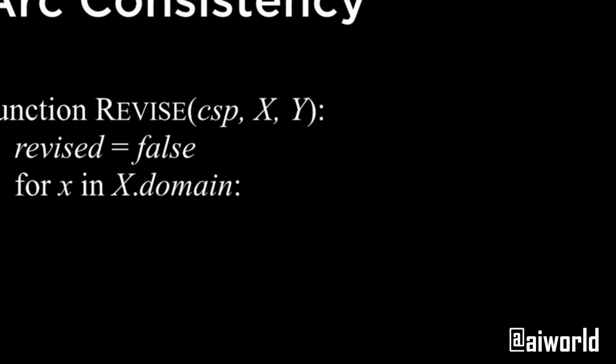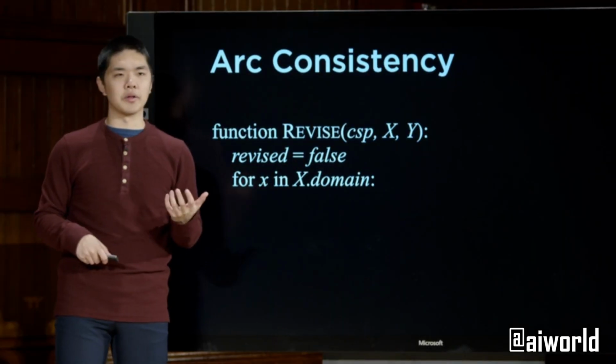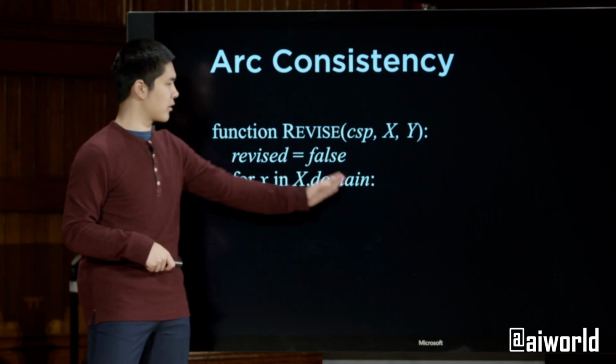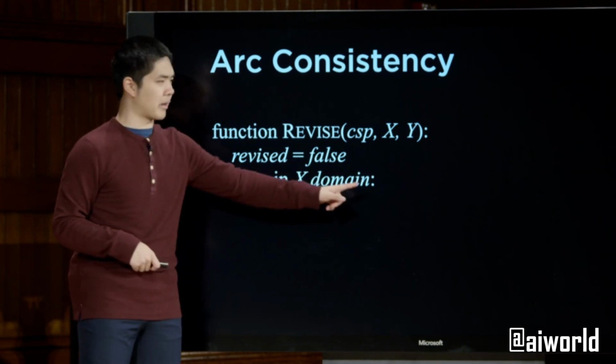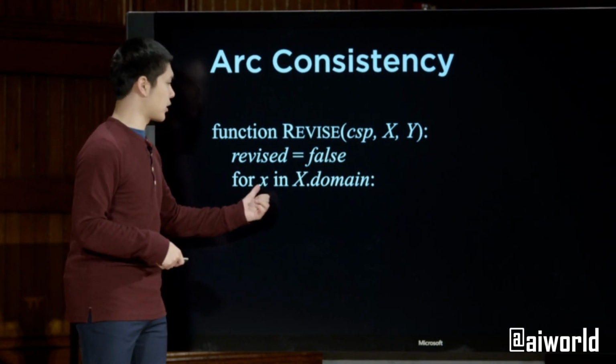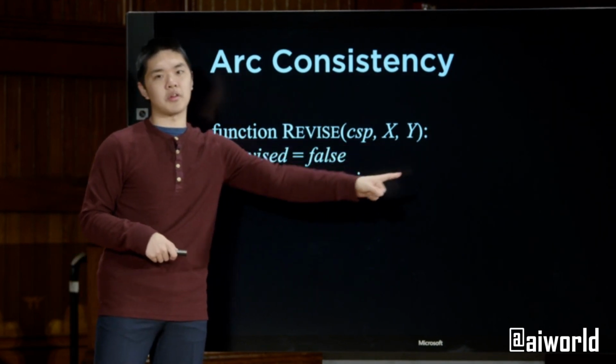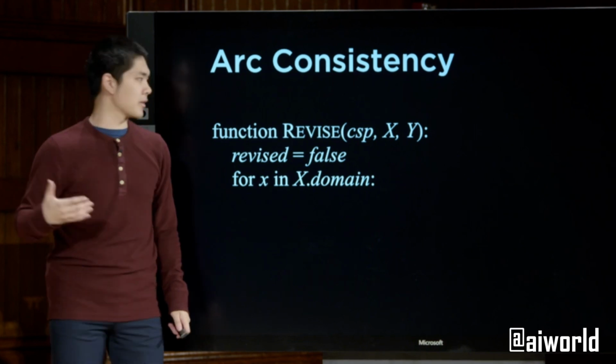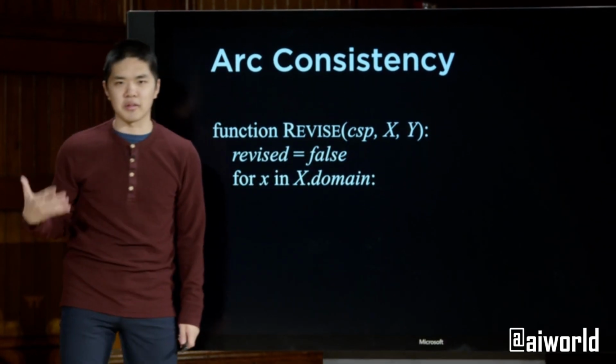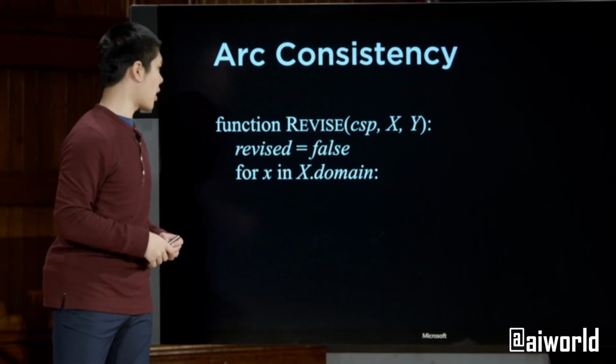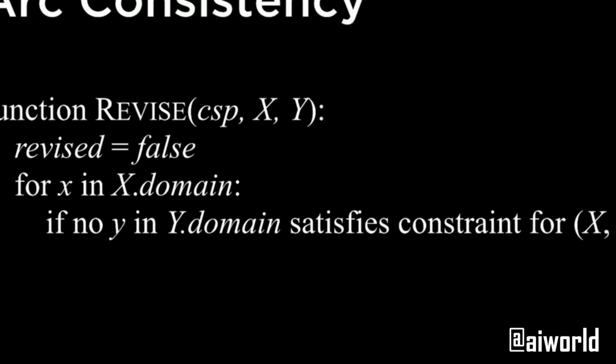Then we'll loop over all of the possible values in X's domain, for each little x in X's domain. I want to make sure that for each of those choices, I have some available choice in Y that satisfies the binary constraints defined inside of my CSP. So if ever there is no value y in Y's domain that satisfies the constraint for X and Y, that means this value x shouldn't be in X's domain.